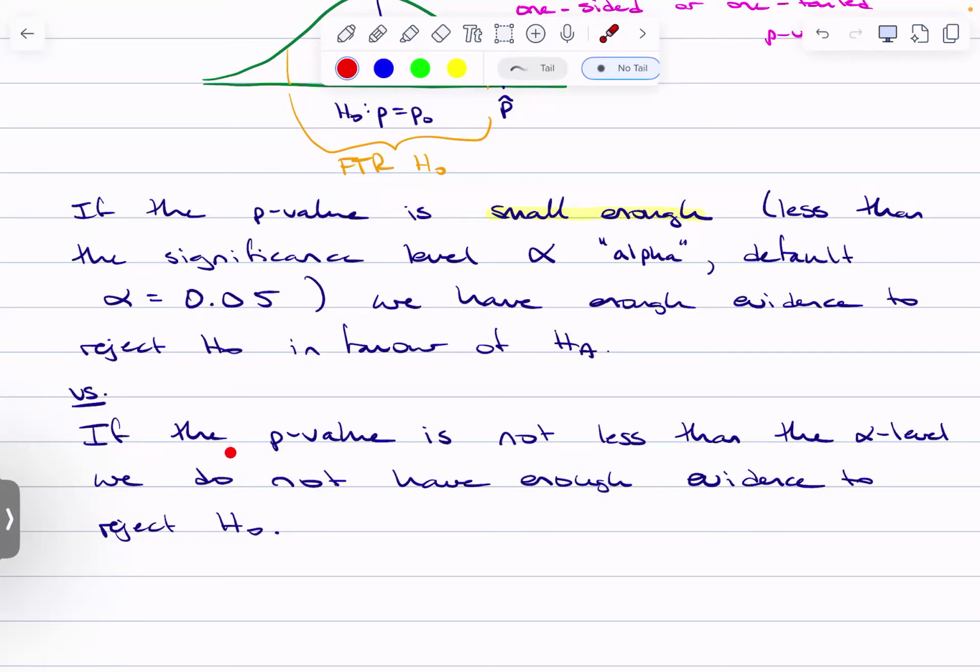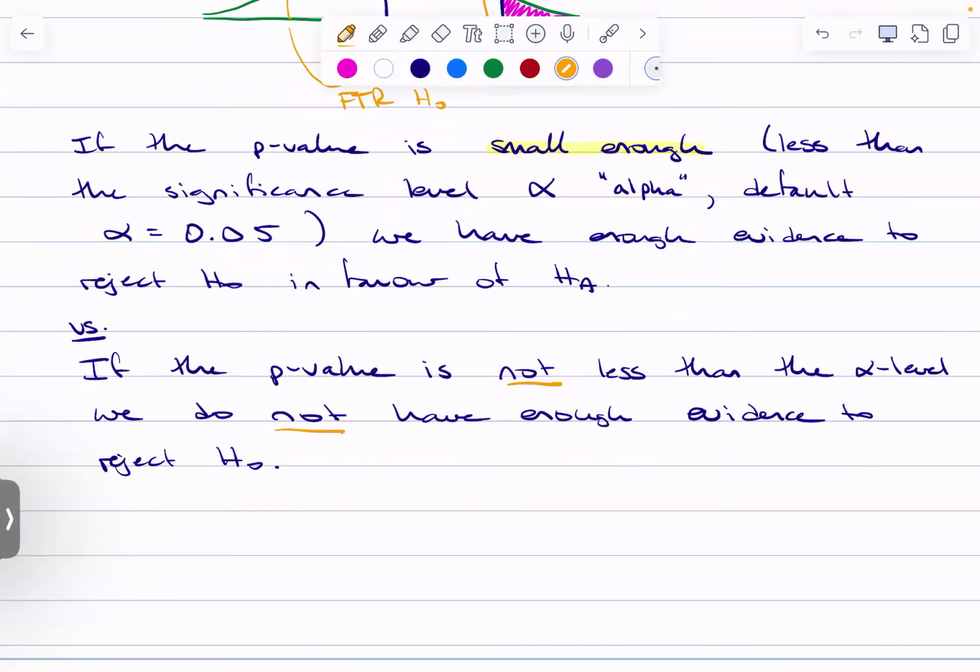Versus if the p-value is not less than the alpha level, then we do not have enough evidence to reject H naught. And again, those are your only two sentence structures that we can use. So it either is less than the alpha level, which means we do have enough evidence to reject H naught, or it's not, and we don't have enough evidence to reject H naught.